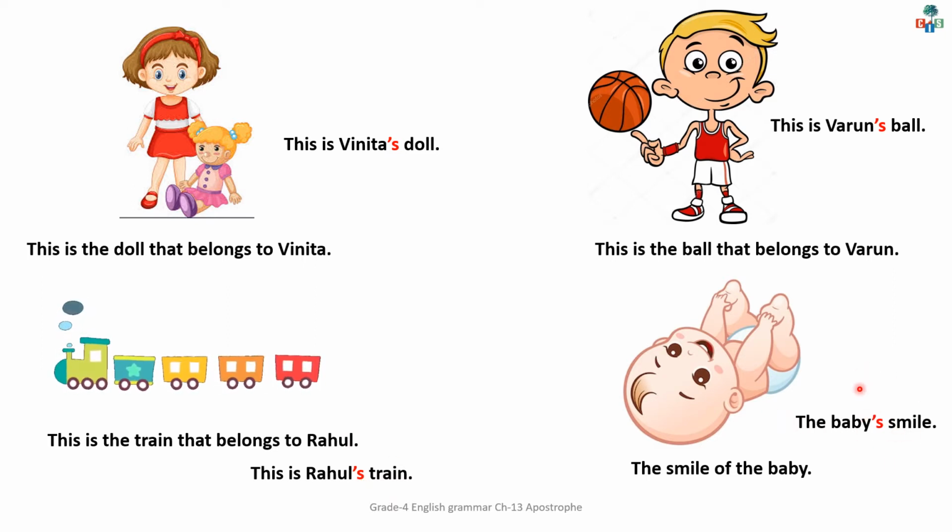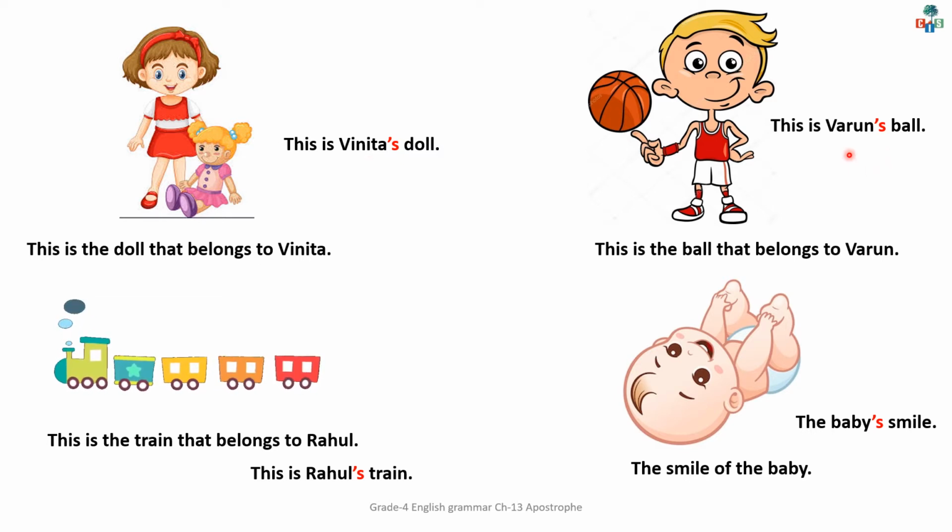So children, you can see this little comma which is placed after the noun followed by an S. So like this we can shorten these sentences. Here, the word of is replaced by an apostrophe mark followed by an S. Means the doll belongs to Vinita, the ball belongs to Varun.